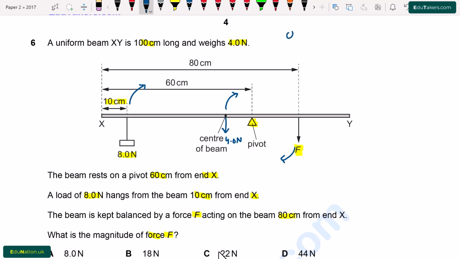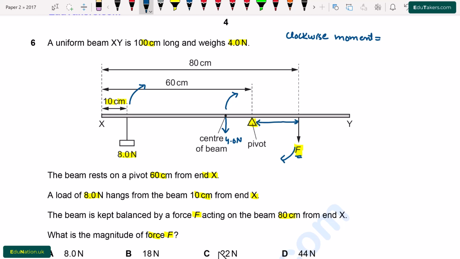So I write here clockwise moment will be equal to, moment is the product of force and perpendicular distance from the pivot point. Here the force is acting at this point and we have to find out the distance of this force from the pivot point.